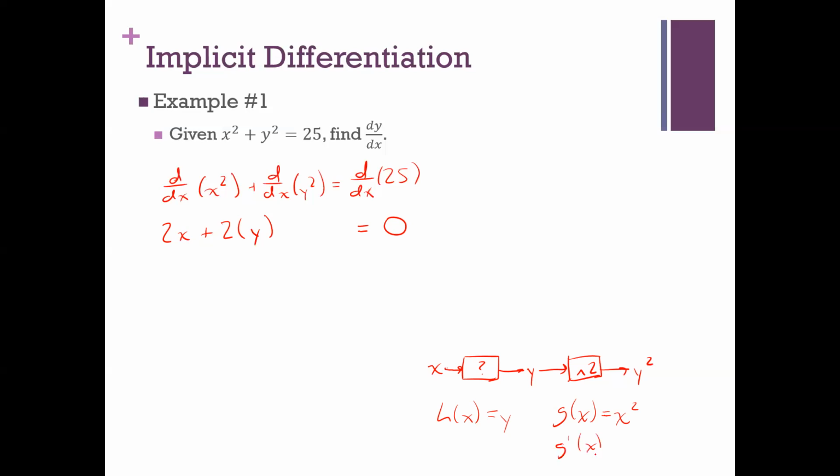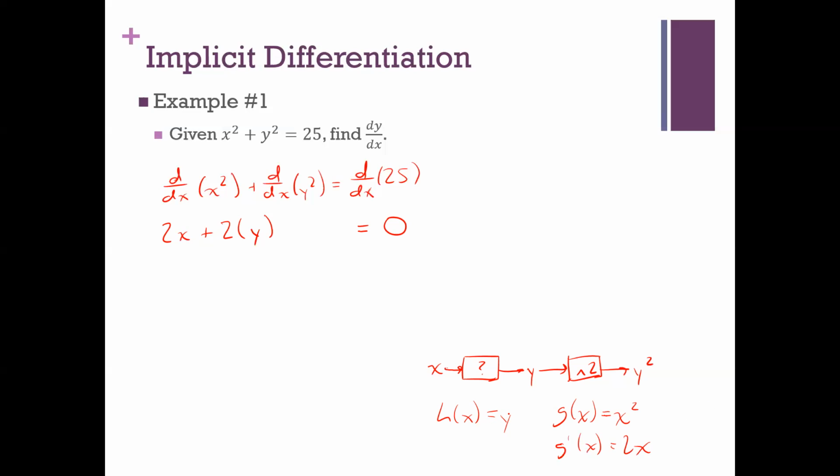g prime of x is equal to 2x. So in the chain rule, I think we've handled the derivative of the outside function. The derivative of squaring something is 2 times that same something. In this case, that something is y. But now I have to handle the derivative of the inside function.